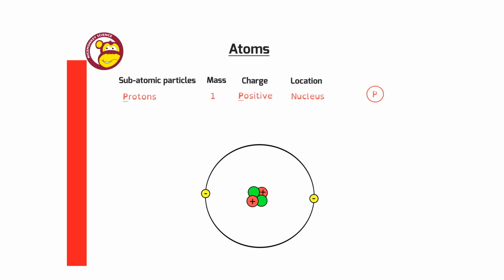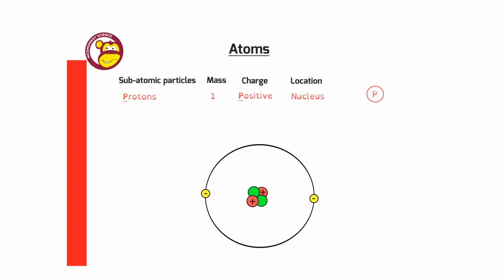The first particles we're going to look at are protons. Now, protons begin with a P, and that's how I remember that the protons are positive.